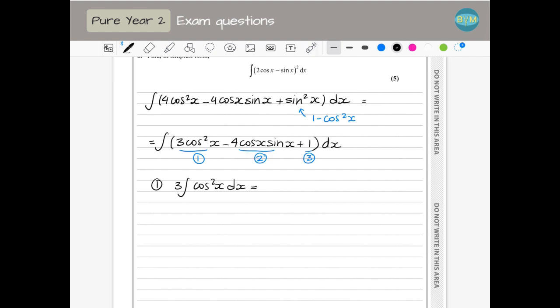So you have to remember that the double angle cos 2x is 2 cos squared x minus 1, which means that cos squared of x can be written as cos 2x plus 1 divided by 2. And this is what is going to help us with this type of question. We could do the same if we have sine squared, because this formula is going to be 1 minus 2 sine squared.